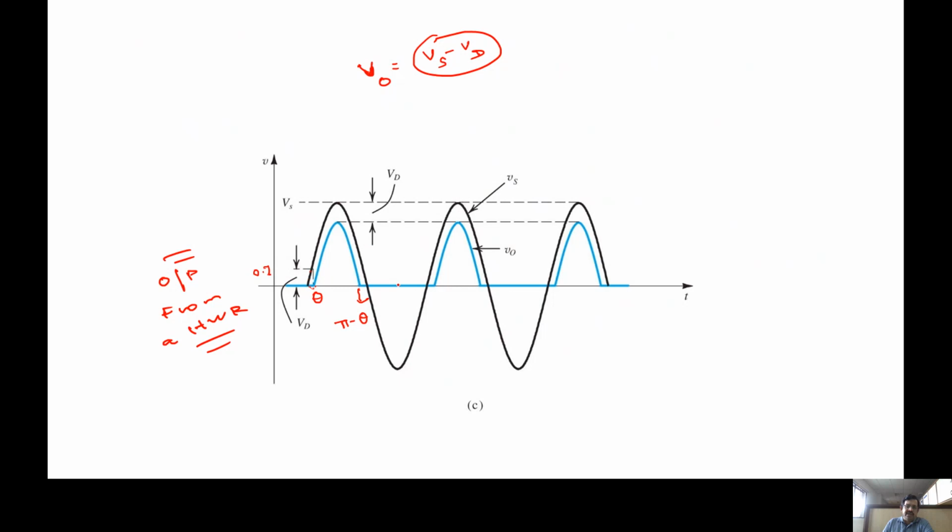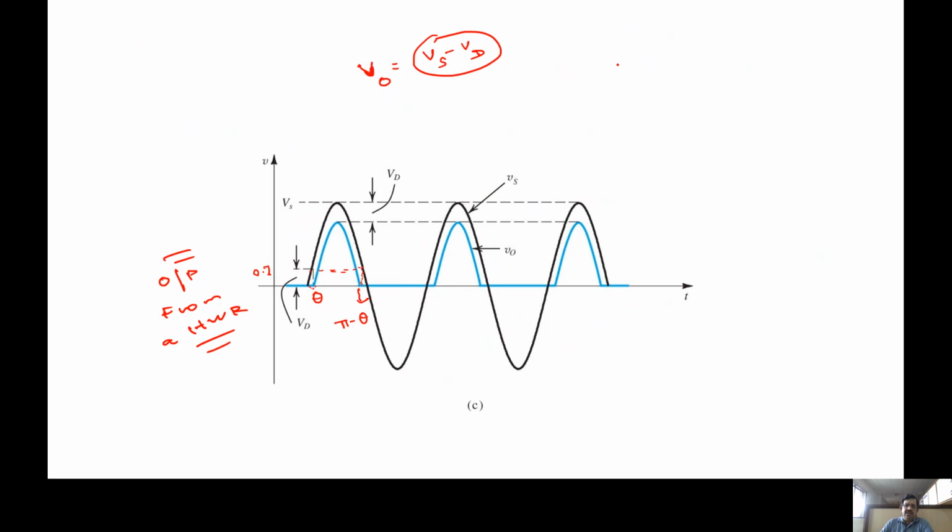For the entire cycle, the conduction is happening only when the voltage exceeds 0.7 volt under forward bias. By symmetry, we can see this here: dropping the perpendicular, it will come here. So this is the angle.